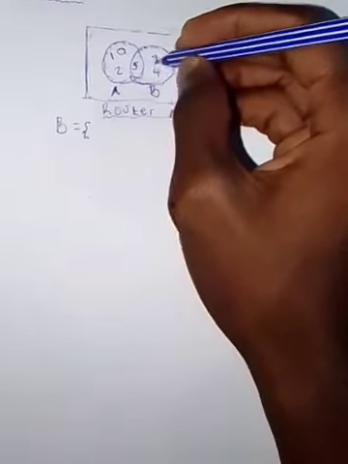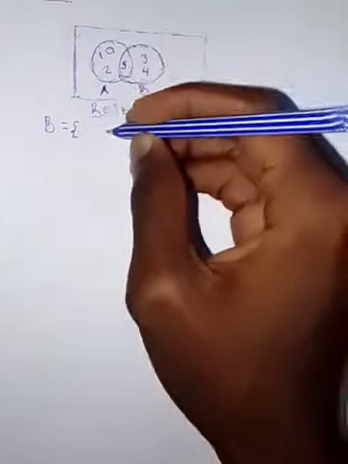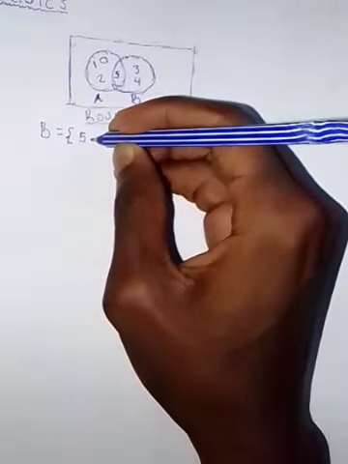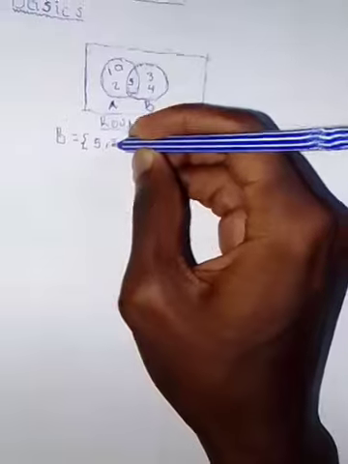Like set B, we have 5, 3, and 4. So you can just write 5, 3, 4.